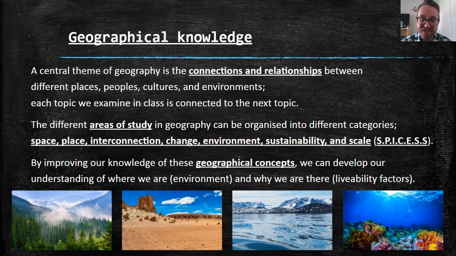By improving our knowledge of these geographical concepts of SPICES, we can develop our understanding of where we are, so our environment, and why we are there. So what caused us to live in this specific location? It's because of these livability factors. So we'll look at SPICES in a bit more detail in our next lesson.